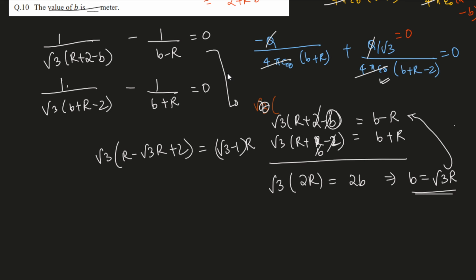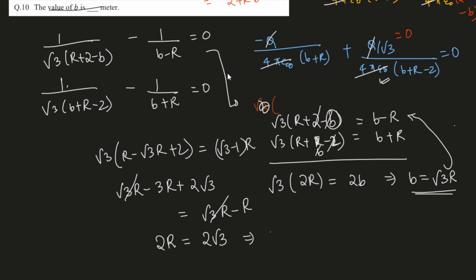Again, this is just a messy calculation, nothing more. So this is square root of 3 r minus 3r plus 2 square root of 3 equal to square root of 3 r minus r. These cancel out, and so 2r is equal to 2 square root of 3, and the value of r comes out to be square root of 3.